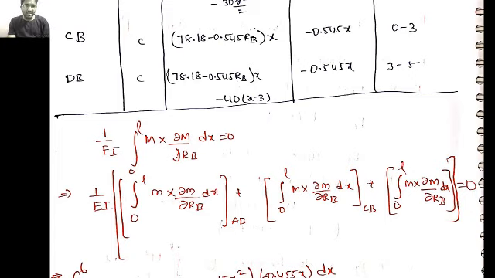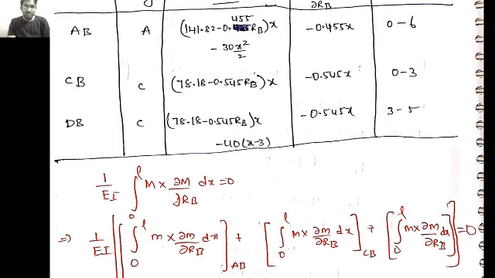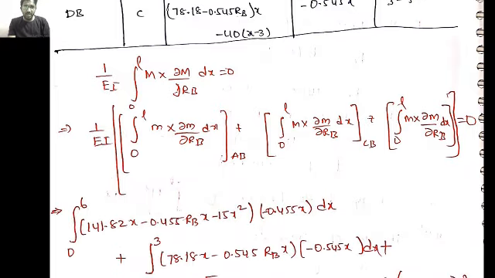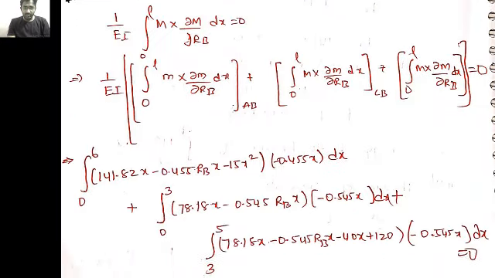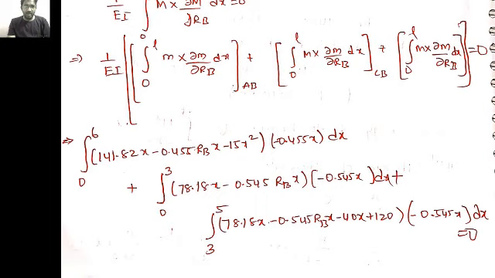So you have to apply Castigliano's second theorem like this. What is the M for the first AB span? This is the M and this is the dou M by dou RB. You have to write it completely, and finally I got this expression, integral 0 to 6, integral 0 to 3 for the CB span, and finally the DB span 3 to 5.